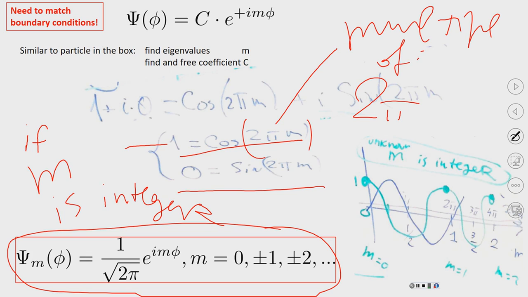If you subtract and divide by i, you'll get sine. And if they are of the same energy, then we will get orbitals which look nicer and are better to visualize. This trick is always done when chemists, and some of us are chemists, plot p, d, and f orbitals.